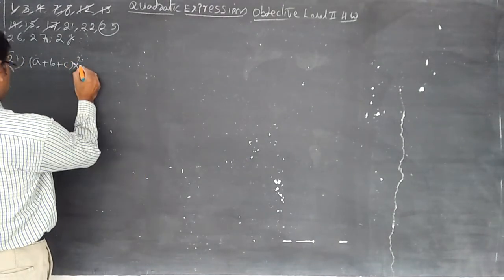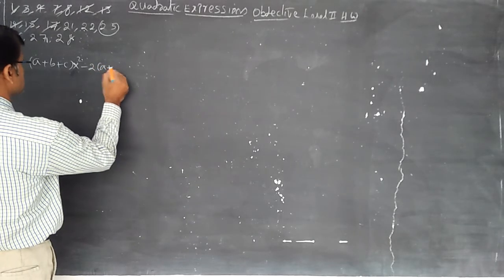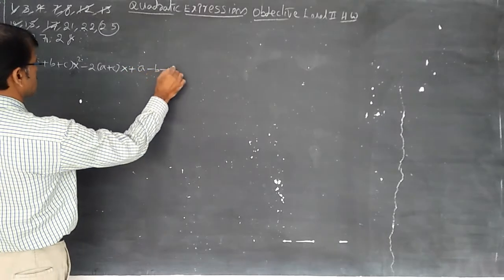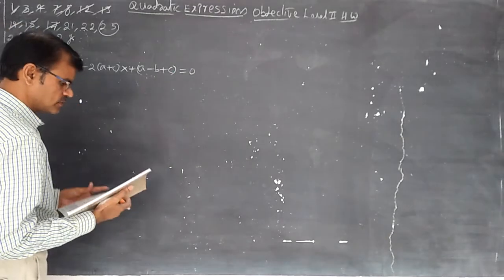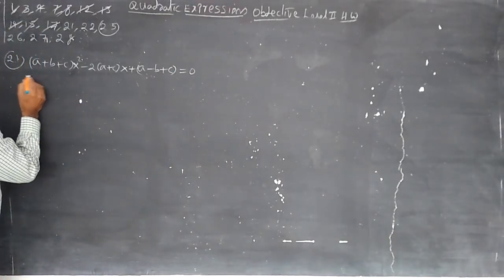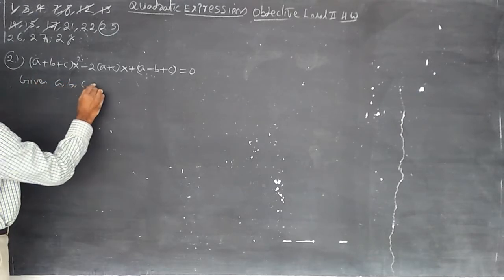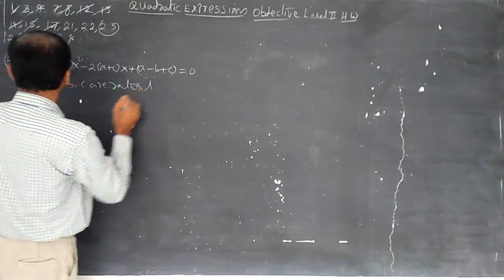That is the theory. (a plus b plus c) x square plus 2(a plus c) x plus (a minus b plus c) is equal to 0. Given a, b, c are rational.